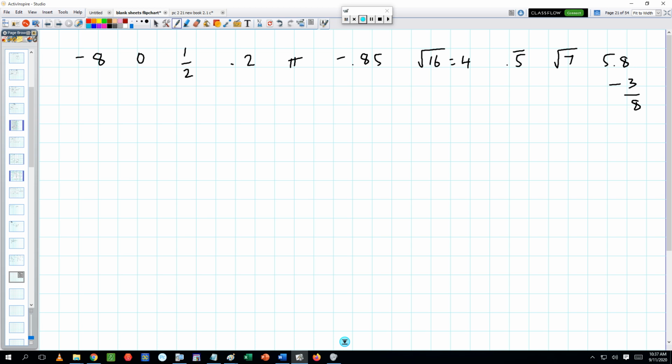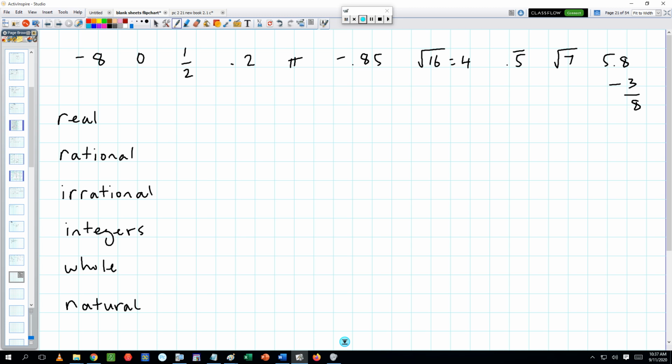Needed a little bit more room there. And what I wanted you to do is go through and list all the ones that are real, that are rational, that are irrational, that are integers, that are whole numbers, and that are natural.